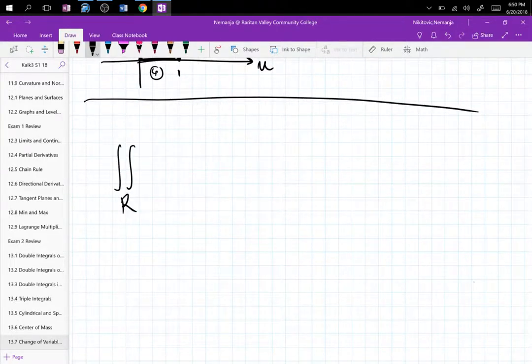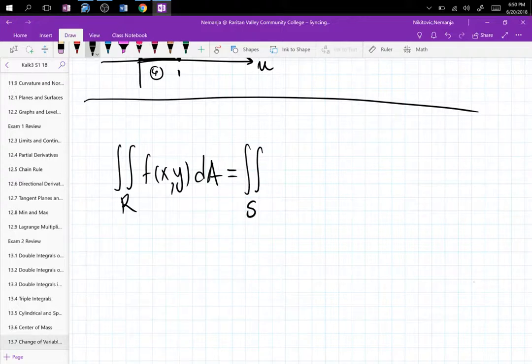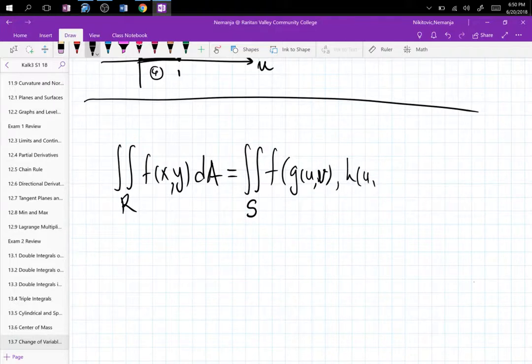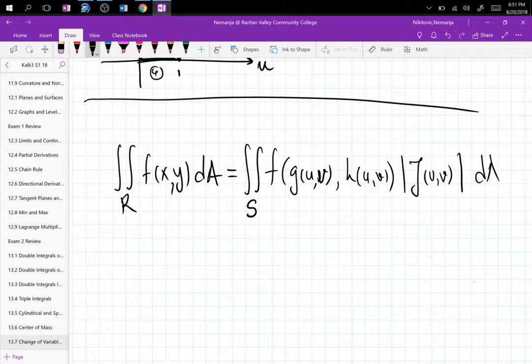The double integral over region R of some function f(x,y) dA that you cannot compute in any other way other than changing variables is going to be equal to the double integral over the new transformed region S of f of g of (u,v), comma, h of (u,v), times the determinant of the Jacobian matrix with respect to u, v, and then dA at the end.